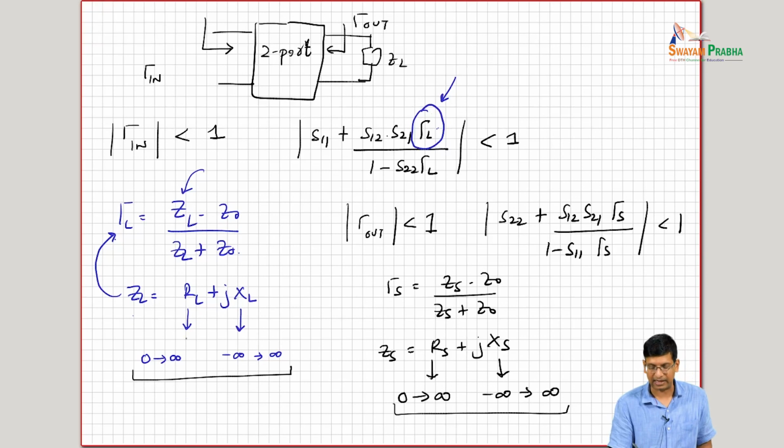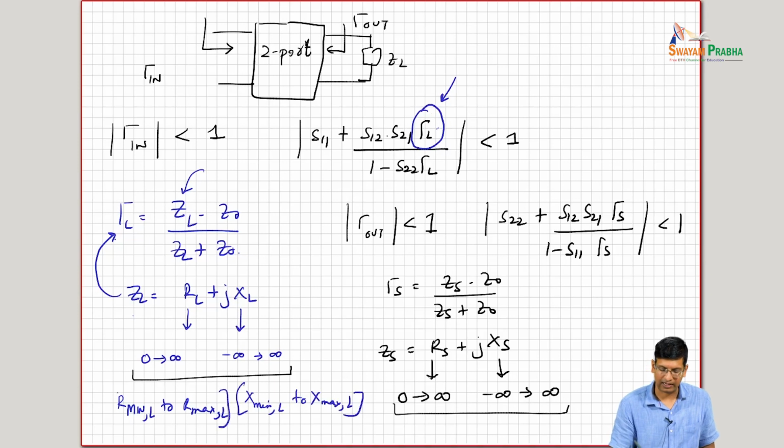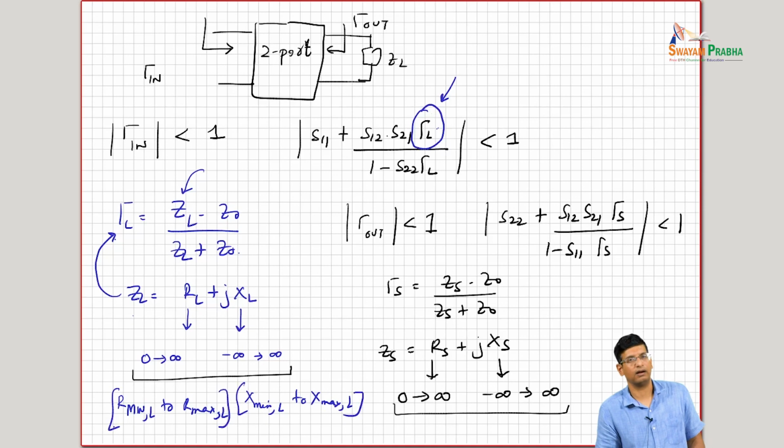I can say that my RL can only go from some R min L to some R max L, and my XL can only go from some X min L to X max L, right? So I am constraining the region where I think my ZL can be.